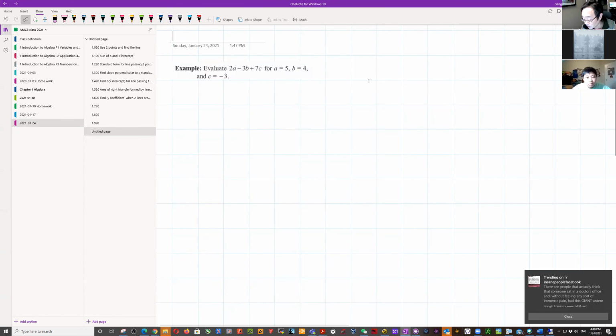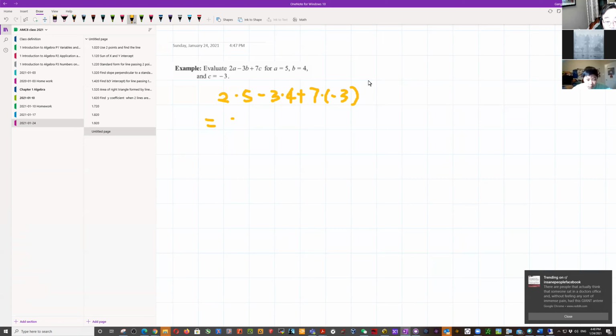So this problem, to evaluate, is basically the simplest substitution. You just see that 2 multiplied by 5, because it tells you it's 5, minus 3 multiplied by 4, plus 7 multiplied by -3.